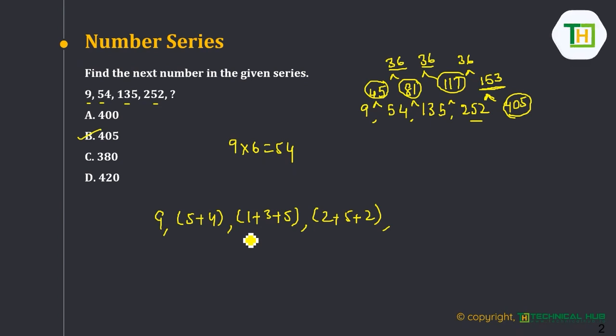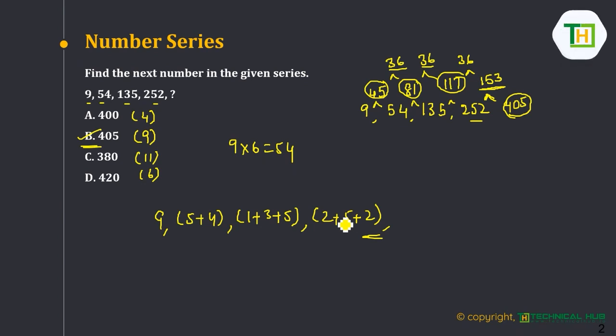If you don't have options, you cannot answer the question, right? From the options, the sum of the digits of the first option is 4. The second option's sum of digits is 9. The third option's is 11. And the fourth option's is 6. So through this logic, I can say the second one, 405, is the answer. I cannot answer unless I have options using this logic, but definitely you will have options here.